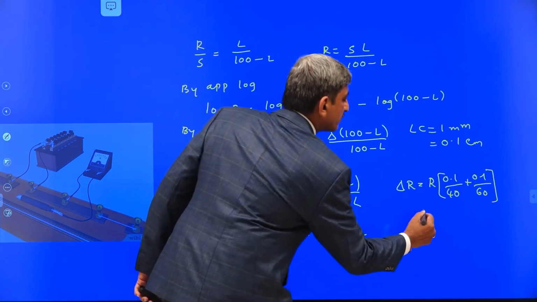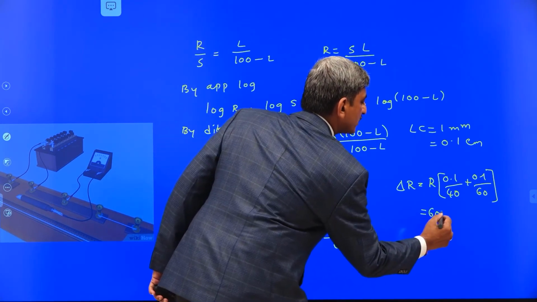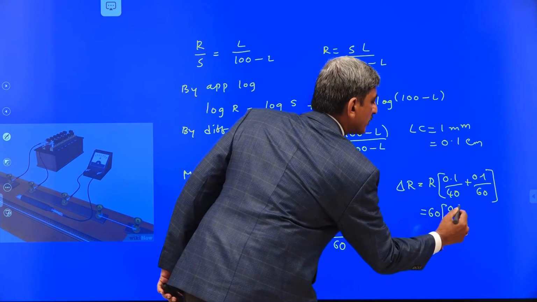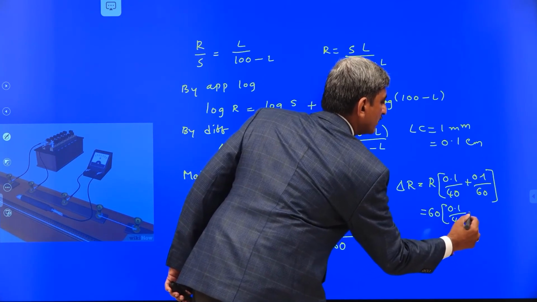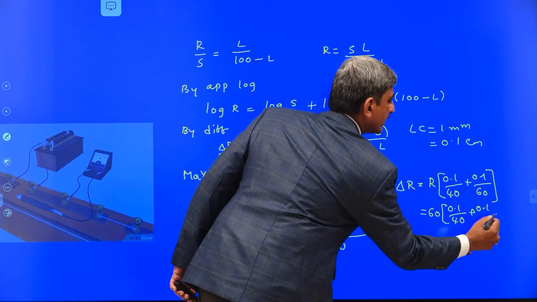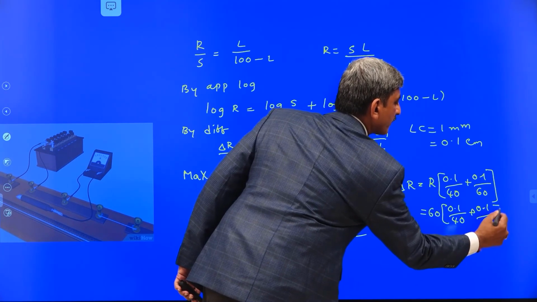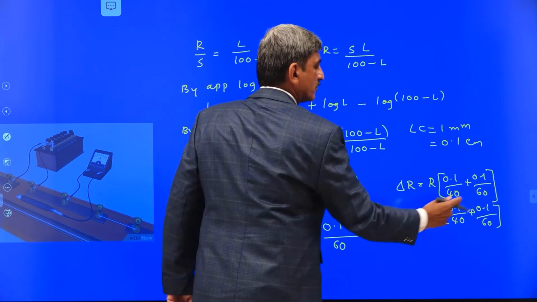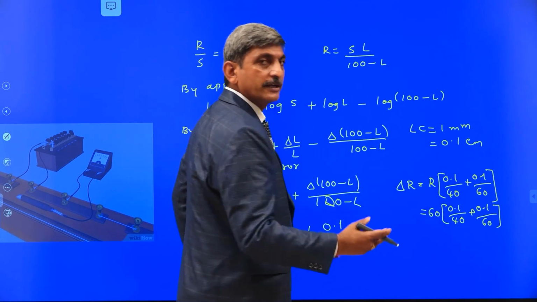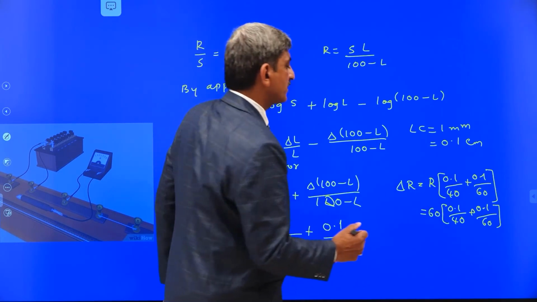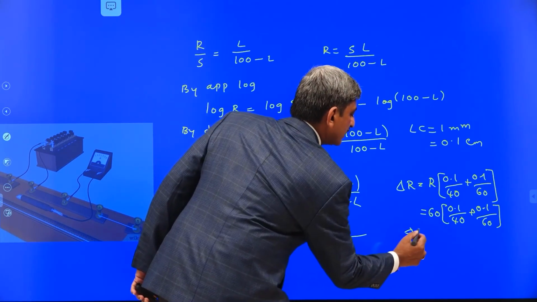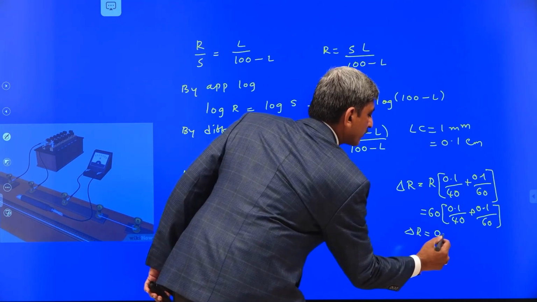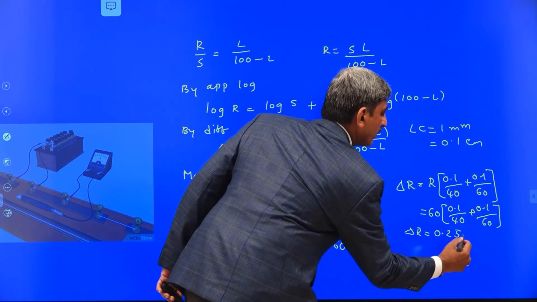That resistance value is obtained as 60 ohms. That's why this is equal to 60 times (0.1 by 40 plus 0.1 by 60). By making the mathematical calculations, we get delta R is equal to 0.25 ohms.